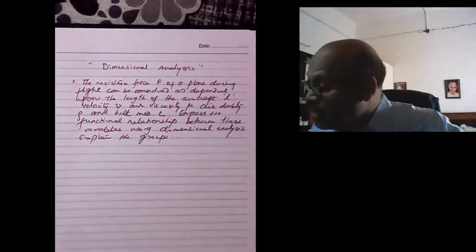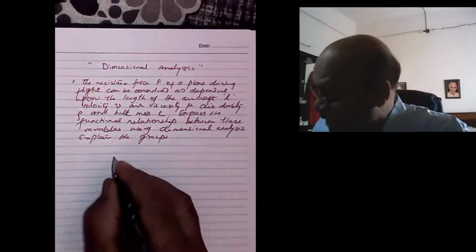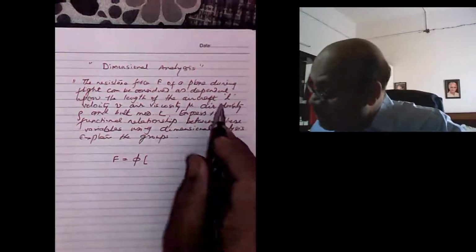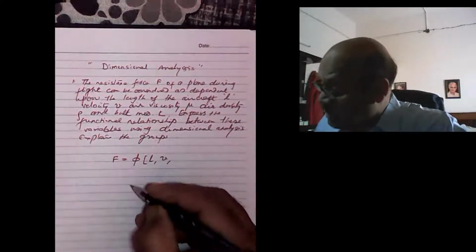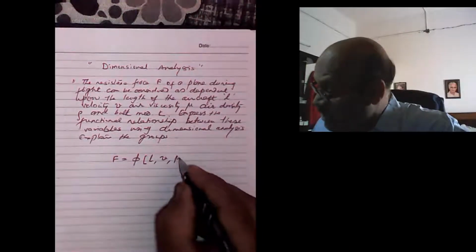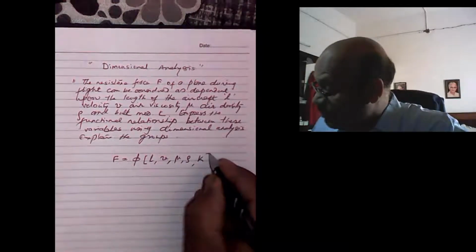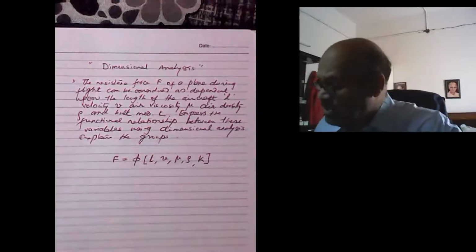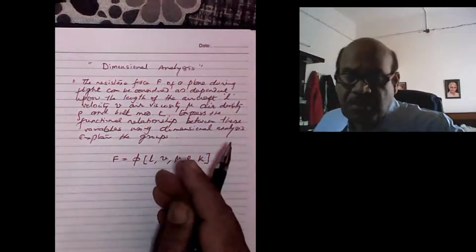The resistance force of a plane during flight can be considered as dependent upon the length of the aircraft. So F is a function of length L, length of the aircraft, velocity of the aircraft, air viscosity, density, and K. Okay, so actually L will represent all the dimensions.